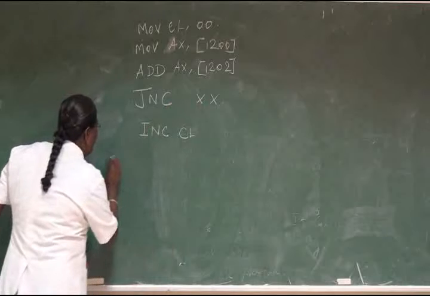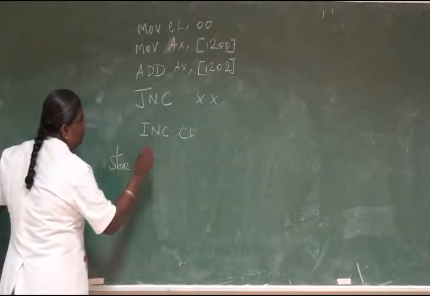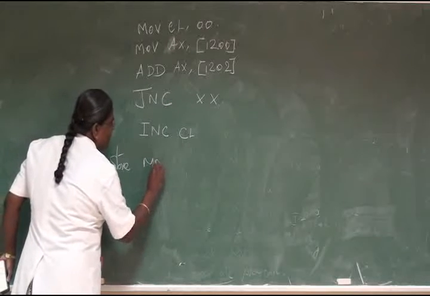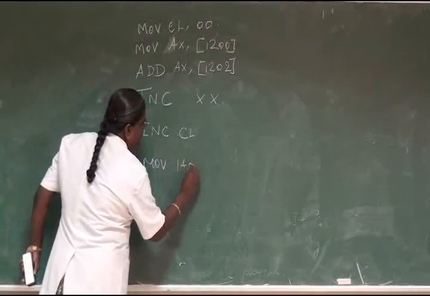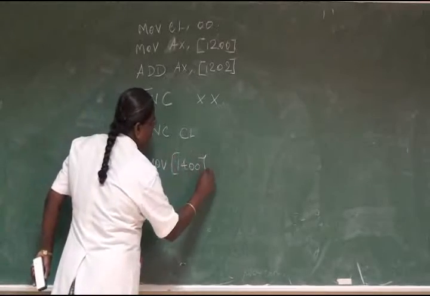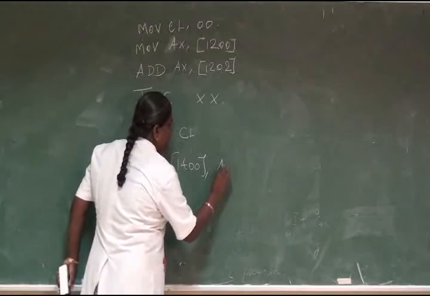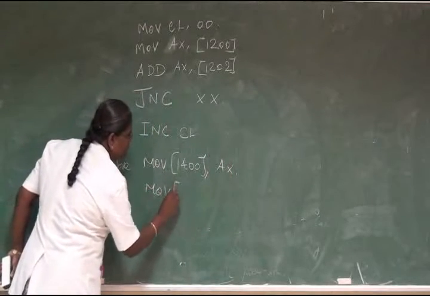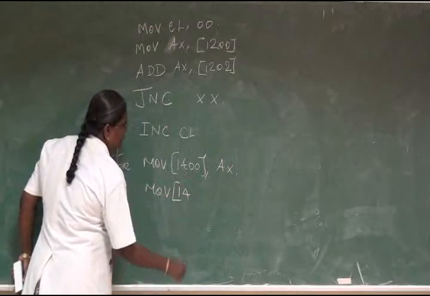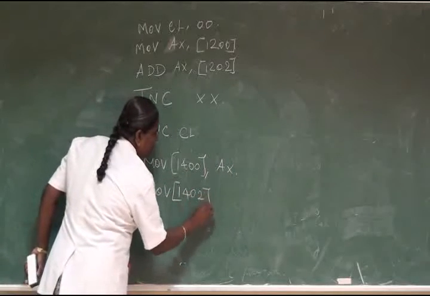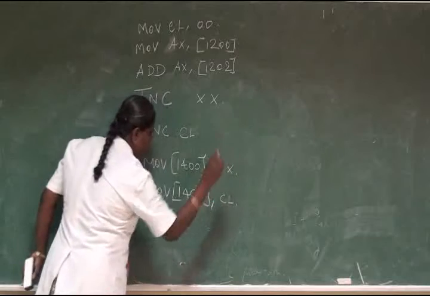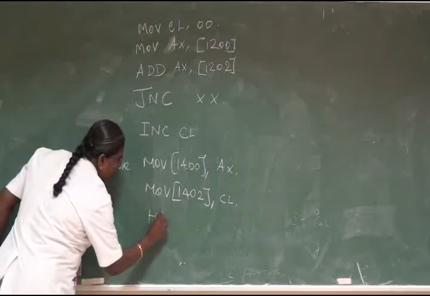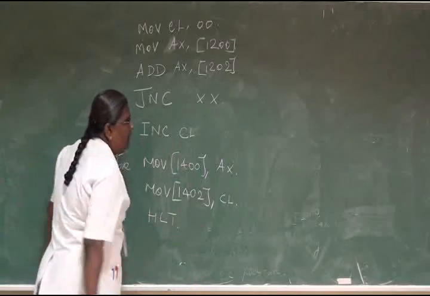Then store the result, the label store: MOV 1400, AX, then MOV 1402, CL, then terminate the program, that is HLT, a machine control instruction.